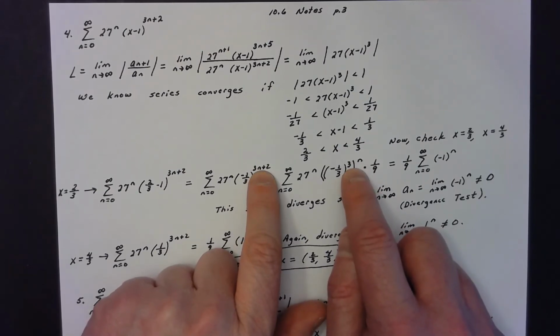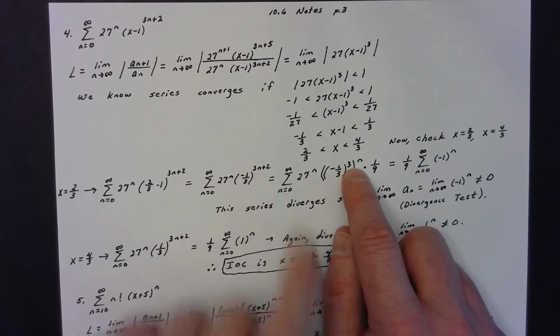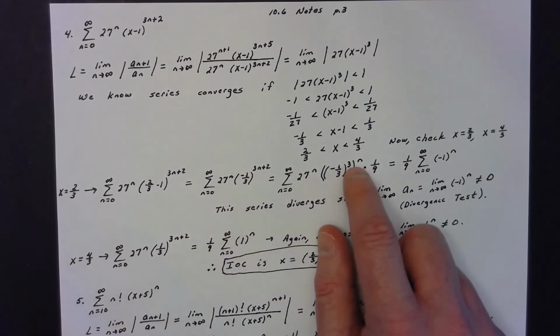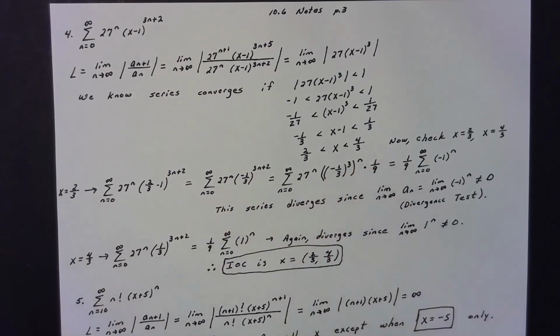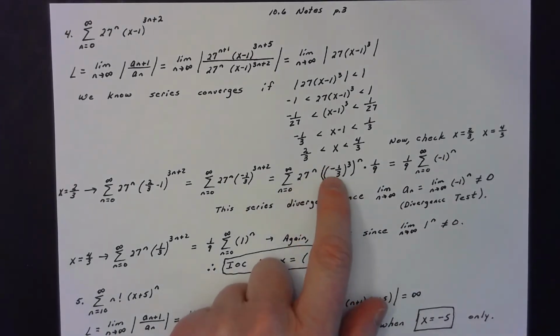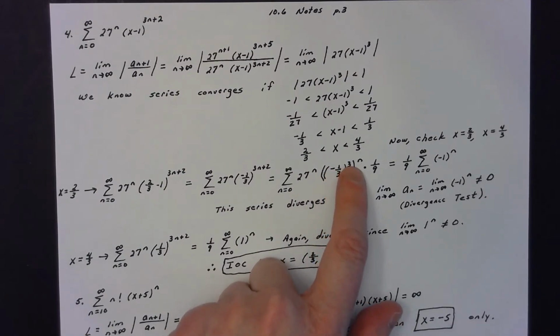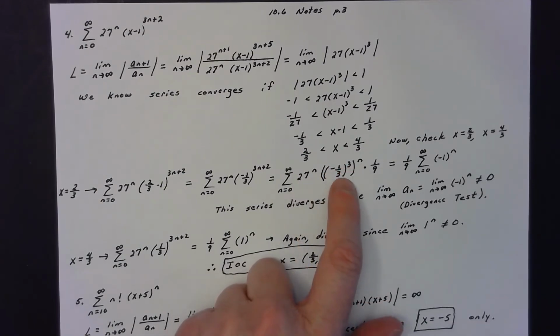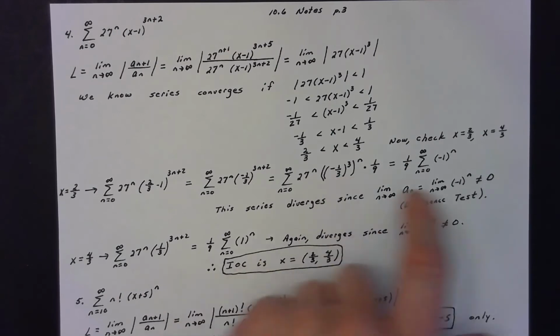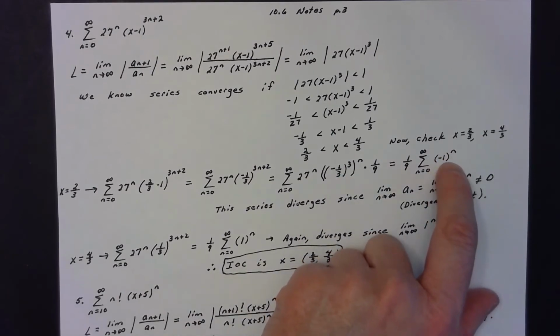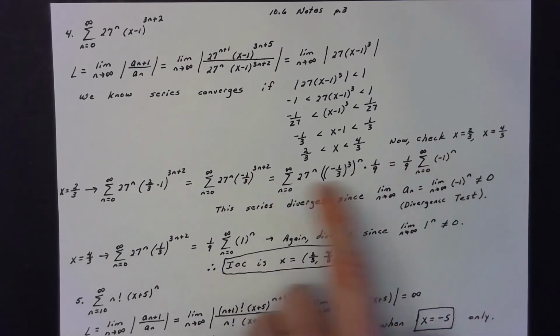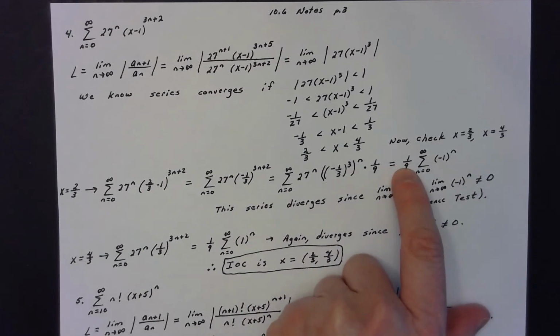This is superior notation, because now I can see that negative 1/3 cubed is negative 1 over 27. So then I have 27 to the n times negative 1 over 27 to the n, and that combines to give me negative 1 to the n. And you'll notice I just brought that 1 over 9 out into the front.